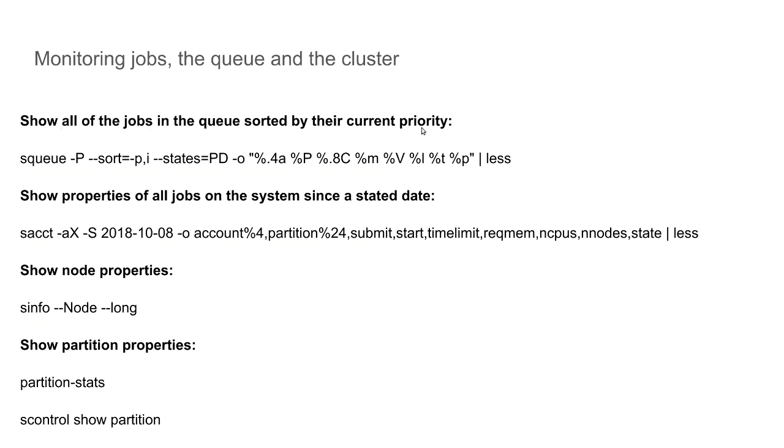So one thing that we might want to be able to do is show all of the jobs in the queue sorted by their current priority.